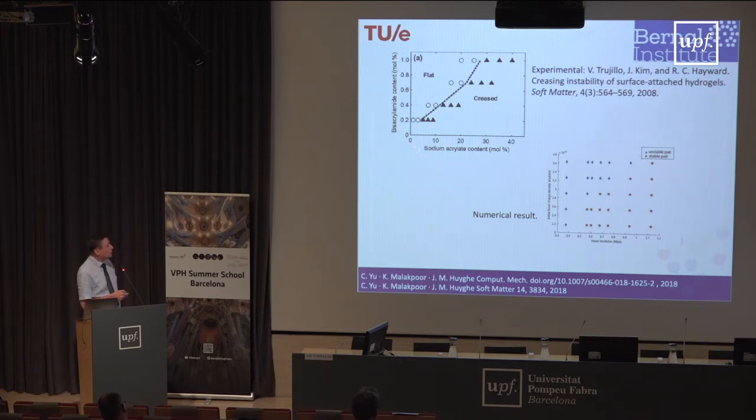You can plot one relative to the other, the swelling propensity and the stiffness, and then you get one side of the curve where there is surface instability and the other side where there is no surface instability. And same thing with numerical results, stiffness versus swelling, and one side is unstable and the other one is not.